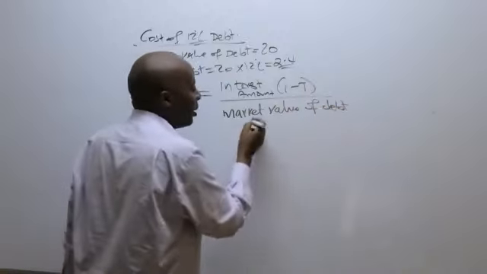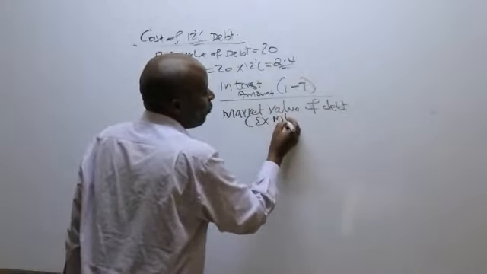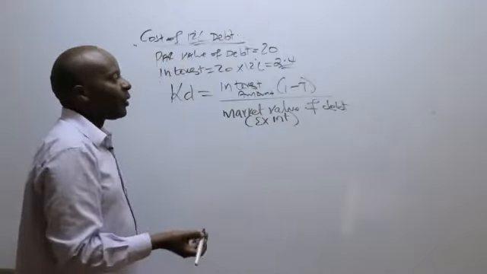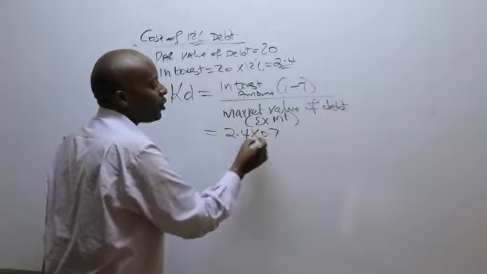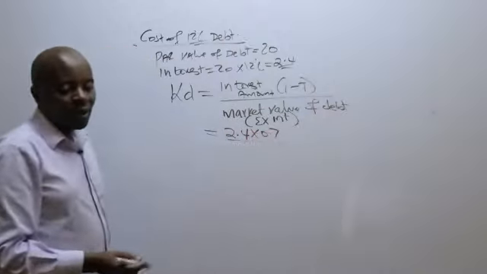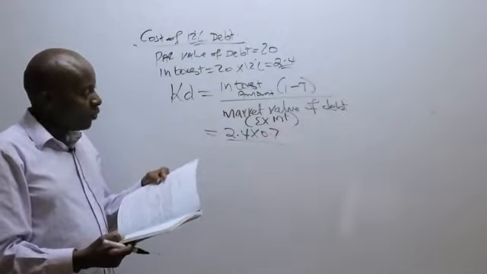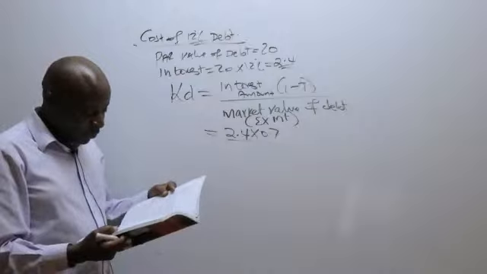Again, remember that this market value must be like the X-div. In this case, we talk of X-int, ex interest. So the interest amount that you have given me is 2.4 times 0.7, all over the market value of debt.